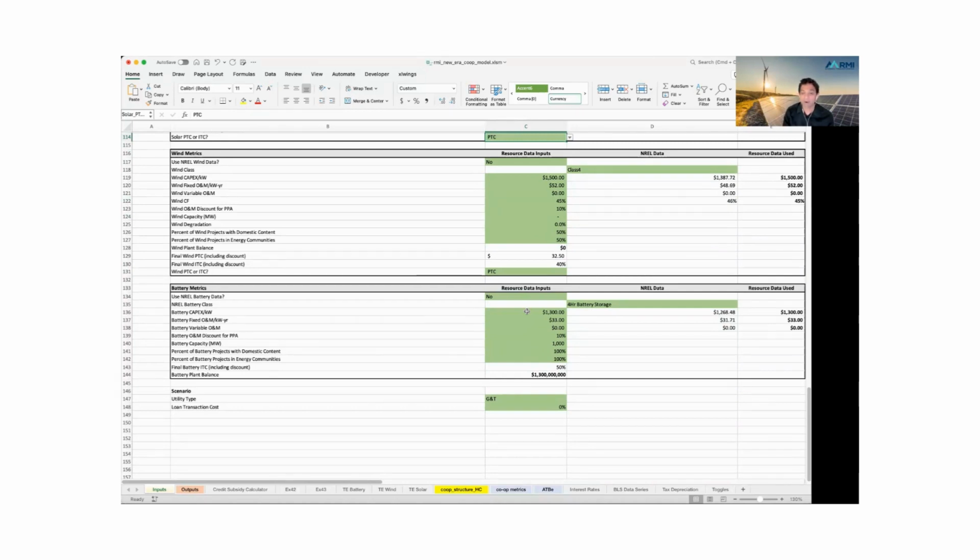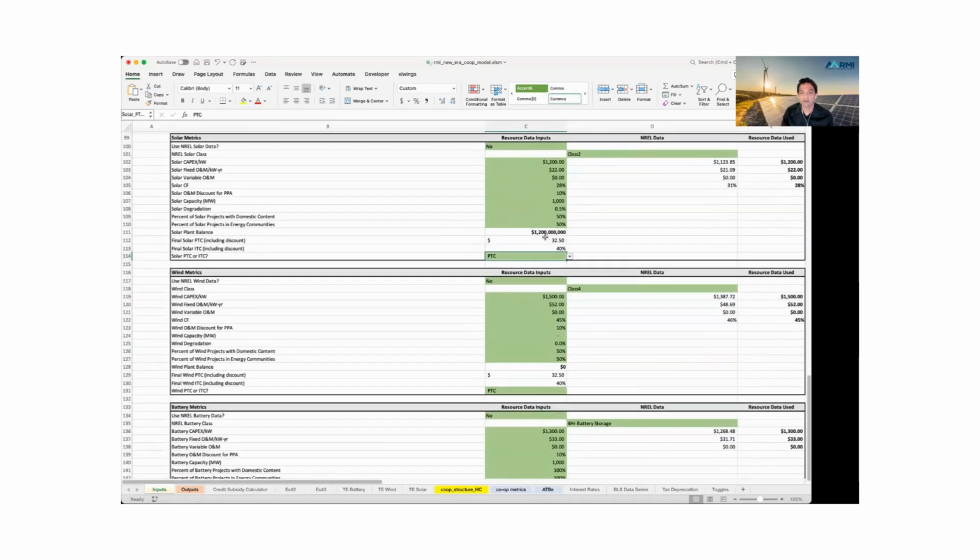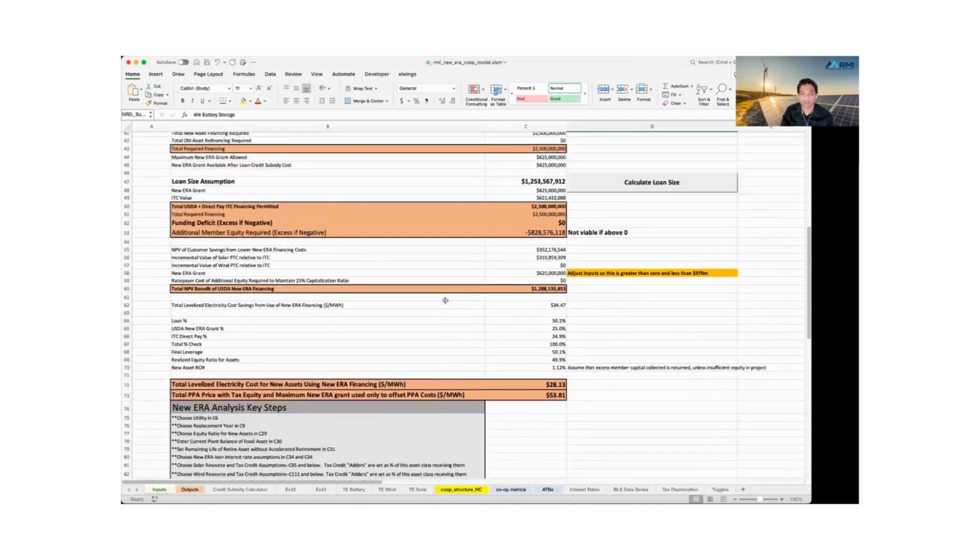So a battery can be a powerful way, because of the incentives and adders, to reuse your existing fossil sites potentially, and to build your balance sheet health by bringing in what is effectively significant additional equity in the form of the investment tax credit with the domestic content and energy community adders. So with these choices and the total number of gigawatts, and again, there's also a choice to look at 4 or different types of battery storage levels as well, I should note.